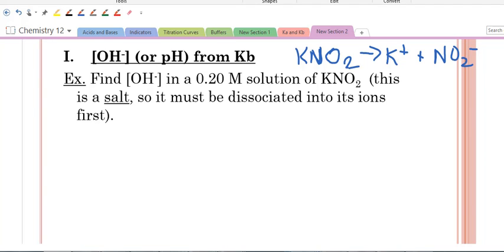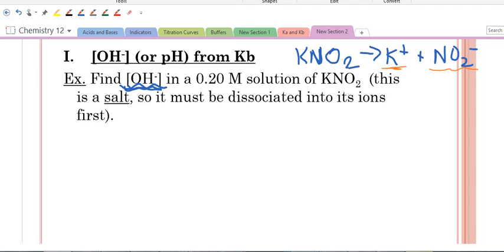So out of these two ions, only one is going to be able to give us hydroxide ions. In order to produce hydroxide ions, the water will have to give up its proton. Well, it's not going to give up its proton to potassium because that would be two positives. So it will give up its proton to the nitrate.